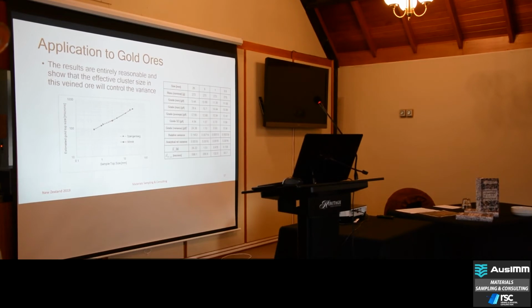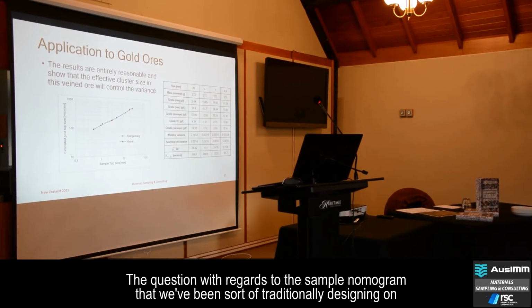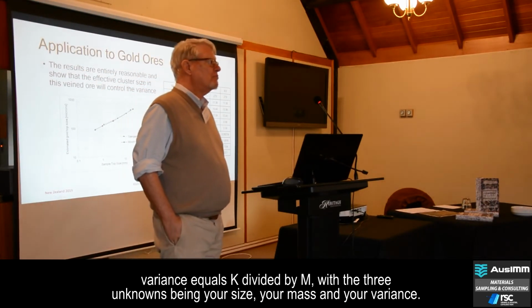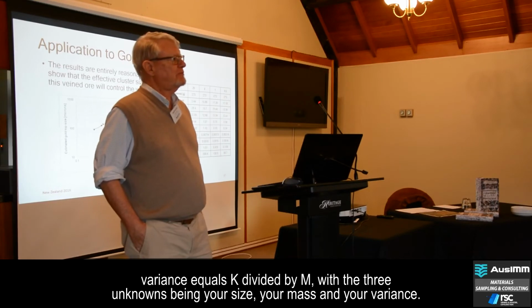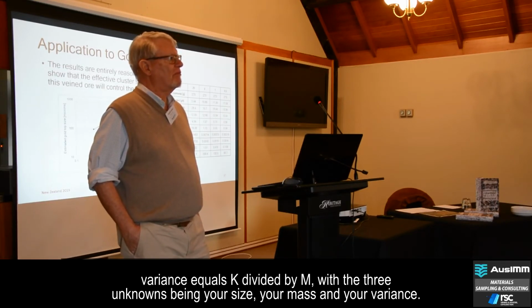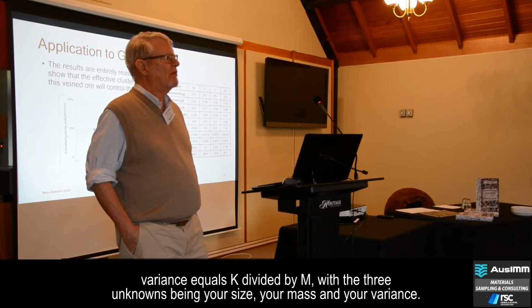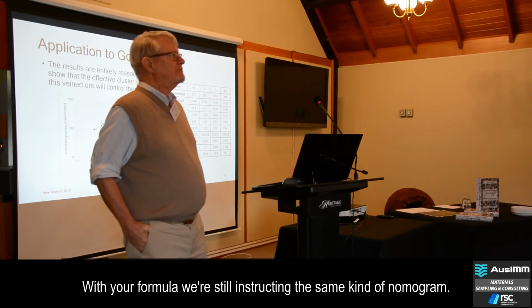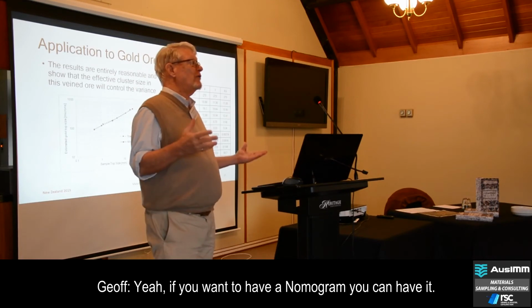But the question with regards to the sample nomogram that we've been traditionally designing on, you know, variance equals K divided by M. Yep. With the three unknowns being your size, your mass, and your variance. With your formula, we're still constructing the same kind of... Yeah, if you want to have a nomogram, you can have it.